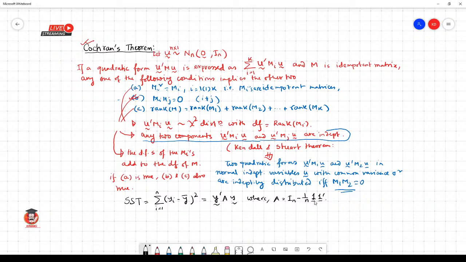Clear? I think it is better to consider the ANOVA model first.